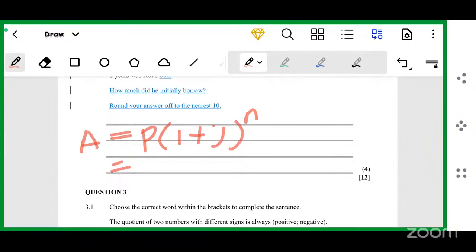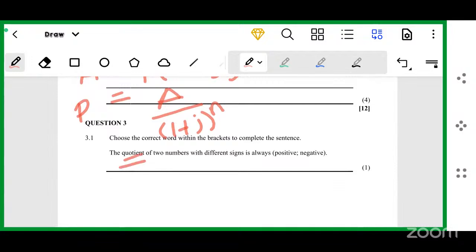To work out P, I manipulated the formula by saying P is equal to A over bracket 1 plus I close bracket to the power of n.